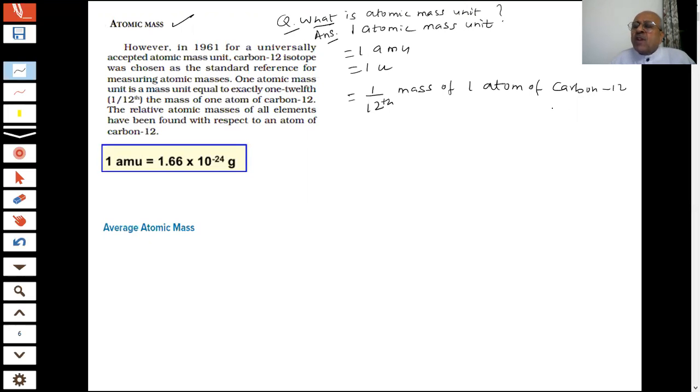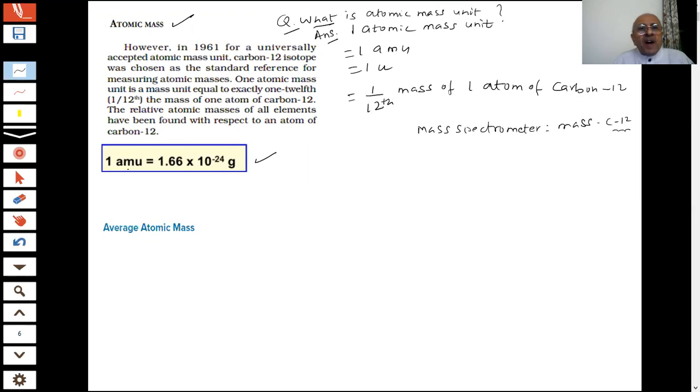The mass of one carbon 12 atom has been determined by mass spectrometer, and if I divide that by 12, it comes out to be around this value.